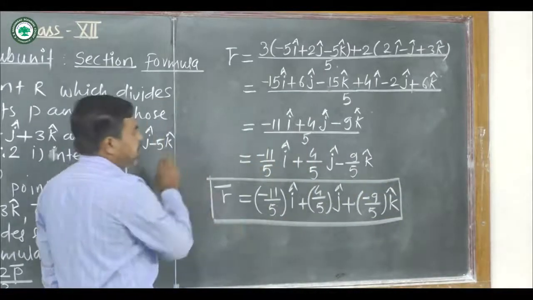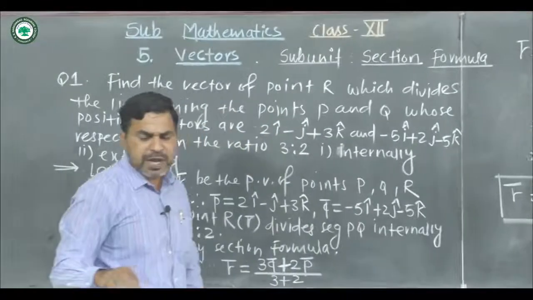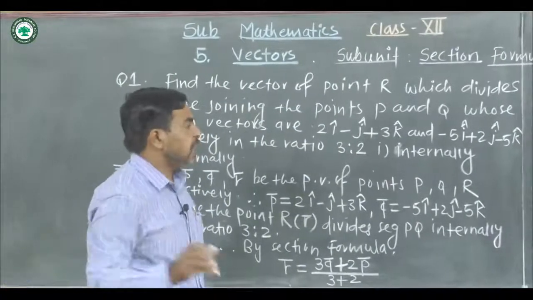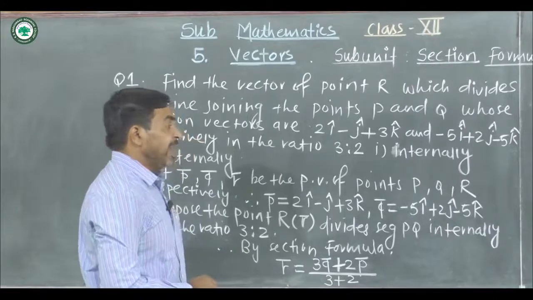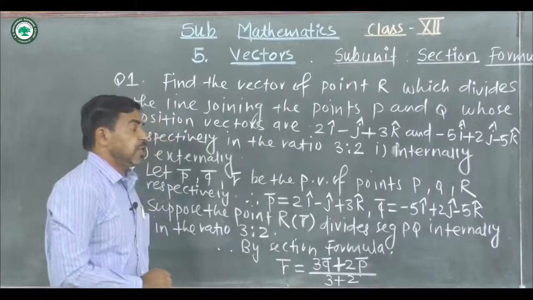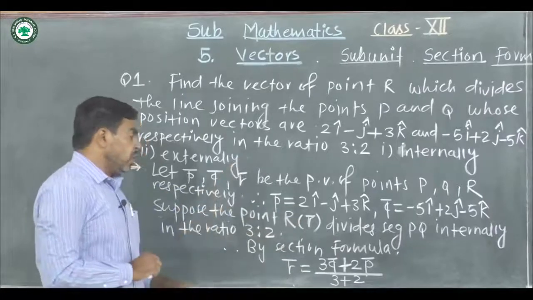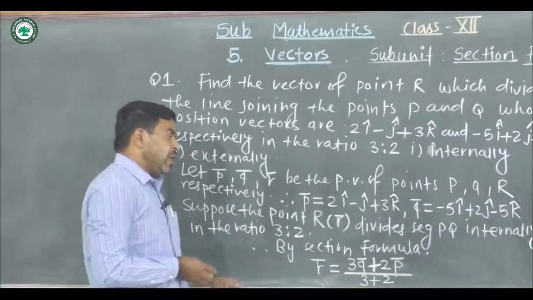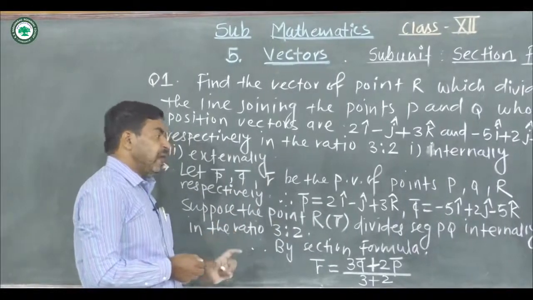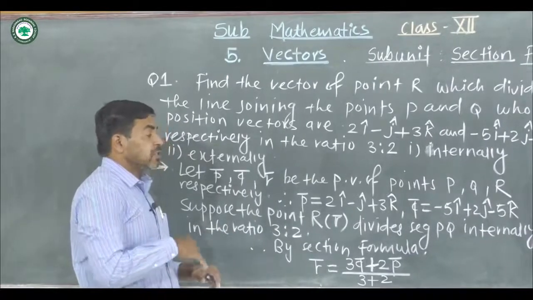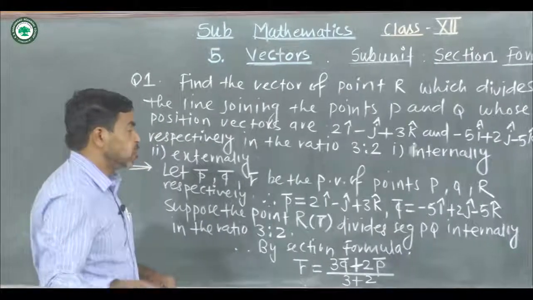So this is the position vector of the point R which divides the segment PQ internally in the ratio 3:2. Also here we have to find out the position vector of the point R if point R divides segment PQ externally in the ratio 3:2.